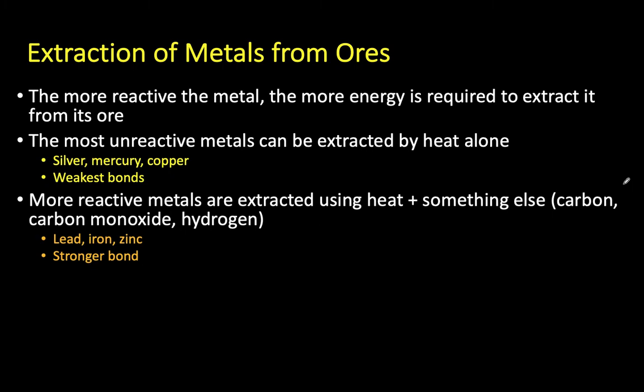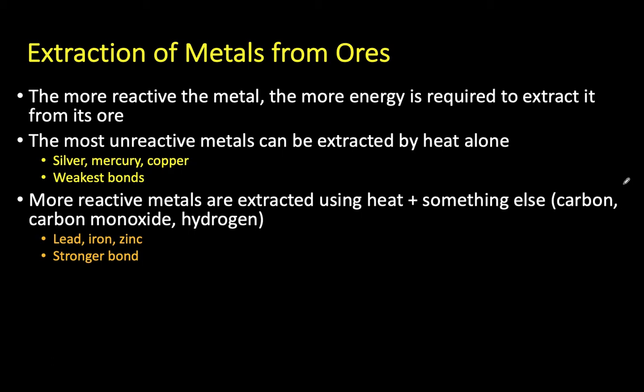Now more reactive metals are extracted using heat and something else, such as carbon, carbon monoxide or hydrogen. These have stronger bonds between metal and either oxygen or sulfur, which means they need a little bit of a helping hand to break the bonds. And the helping hand comes from the carbon, carbon monoxide or hydrogen.